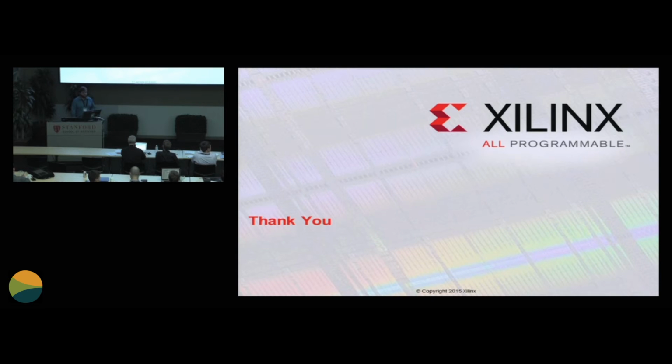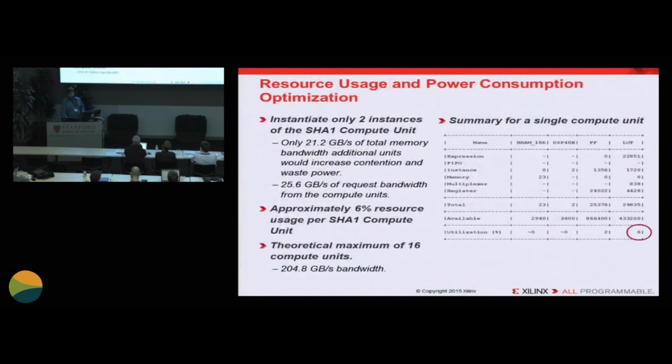I'm a little bit puzzled by the non-memory bandwidth limited case. How do you make that happen? Is it magic? It's an estimate. Given the utilization presented here, 6% utilization of the FPGA for the maximum, there could fit 16 compute units in the device.